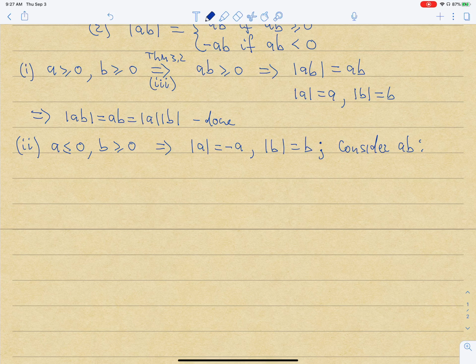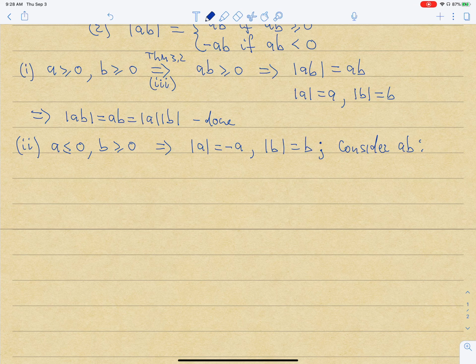Then if we go to the axioms of ordering, we know that if a certain inequality is true and I multiply the inequality by a positive number, then the sign of the inequality stays the same.